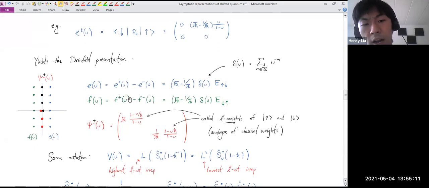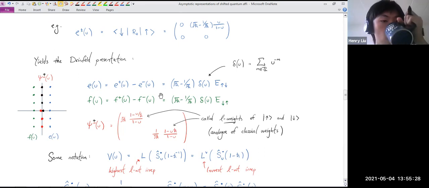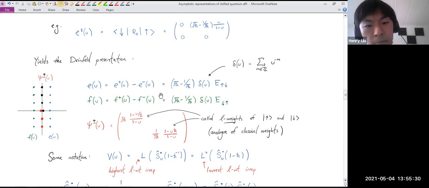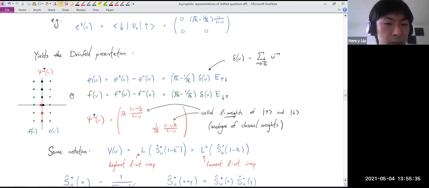And you should already recognize that this is the evaluation representation, because if you ignore this whole business with u, these operators for E and F are exactly the standard representation for SL2. And pictorially speaking, we can envision the coefficients of these E's, F's, and psi's drawn on some kind of lattice like this.